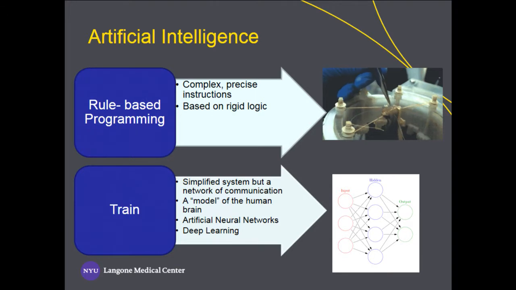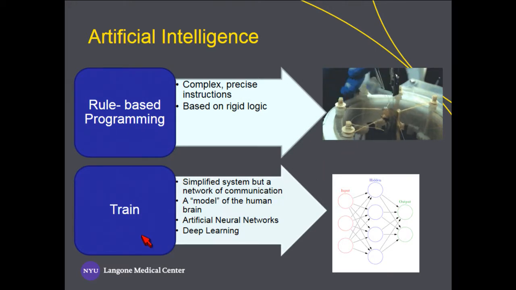Within artificial intelligence, generally speaking, there are two main categories: rule-based programming that uses complex, precise instructions. Most of what we're familiar with in terms of how computers work, how Microsoft works, if you click something, something happens. It's based on rigid Boolean if-then logic. And so robotics is something that's essentially rule-based.